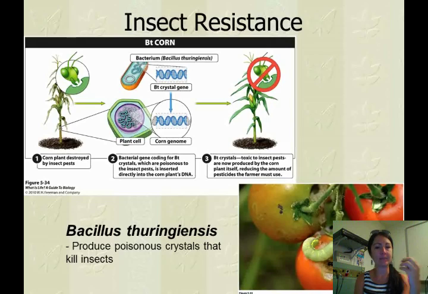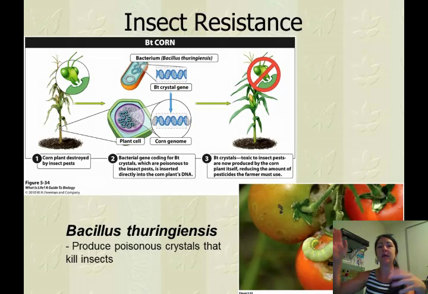That's why a lot of people choose to eat organic, because it wouldn't have things like this in it. So the Bt crystals, toxic to these things that would eat the corn. Now we have nice, lush corn plants that are full of these insect pesticides that we don't know what's going to happen from them. So on one hand, we have more food.